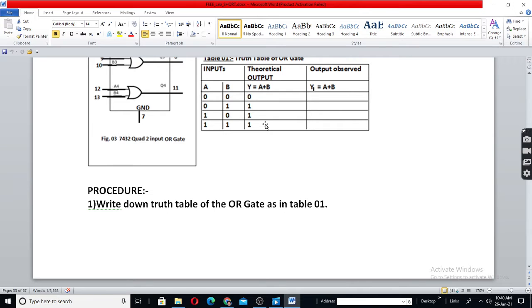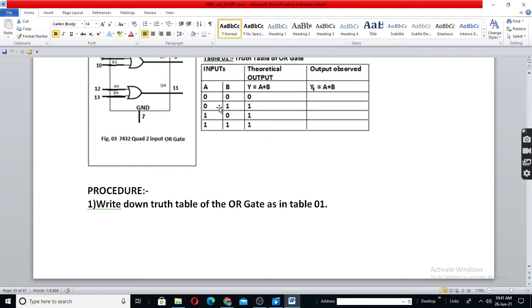The OR symbol is plus. So the OR function is when any one of the inputs is high, output will be high.